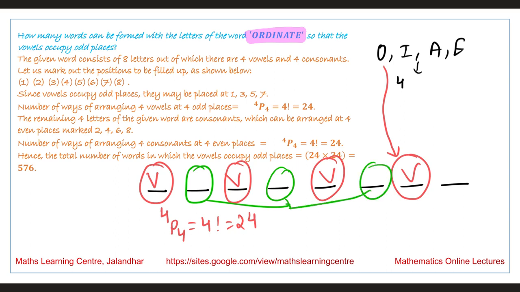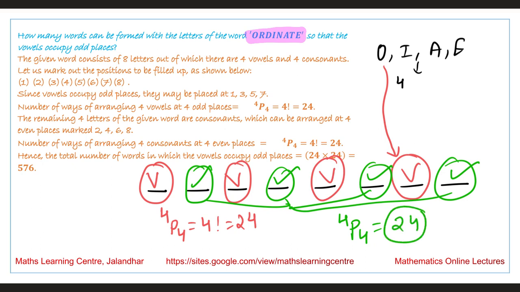we will have consonants. And how many consonants we have? It is again 4 consonants we have. Now from 4 consonants, we have to arrange these 4 consonants at these 4 places. So we have 4p4 again, that is equal to 24. So the total number of ways we have, it is 24.